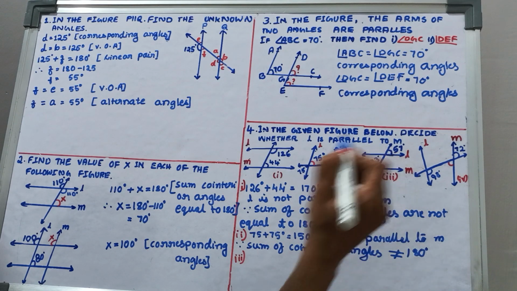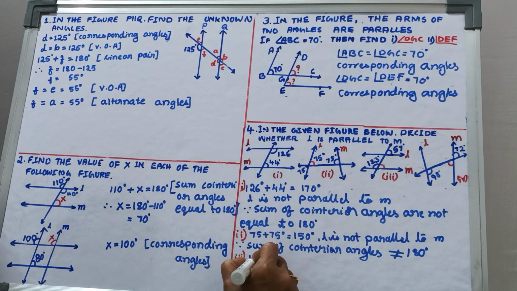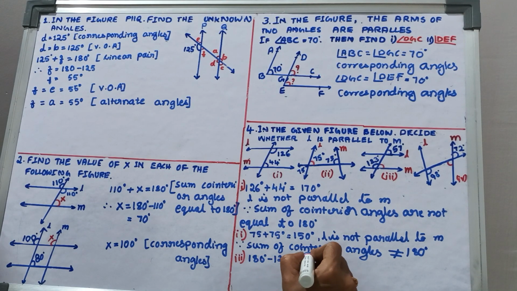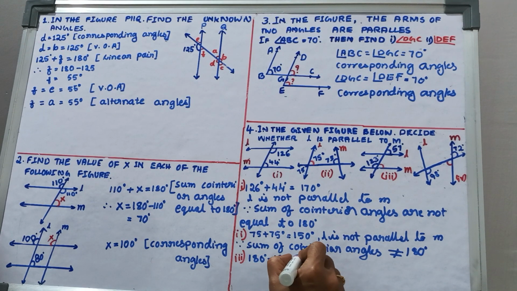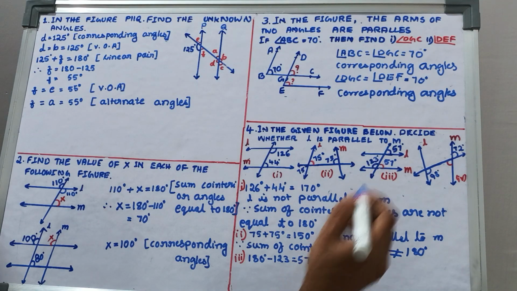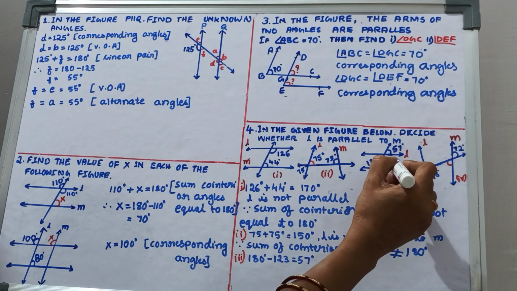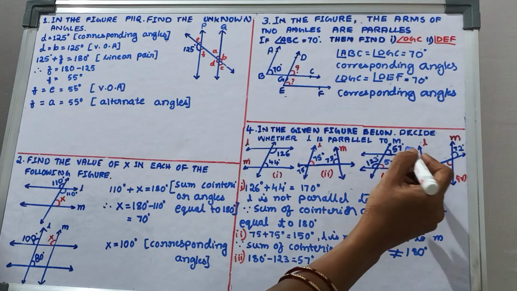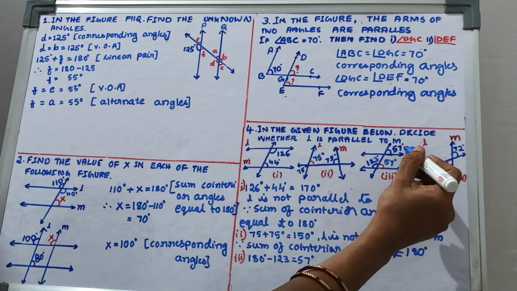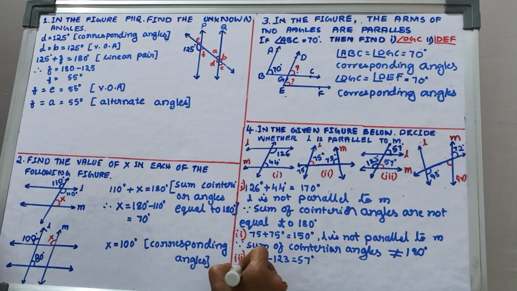So to find out this angle, subtract from 180 degree. 180 minus 123, 57 degree. Now these two becomes equal. So which type of angle they are? Corresponding angles. So L parallel to M.